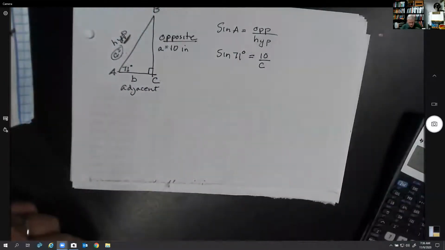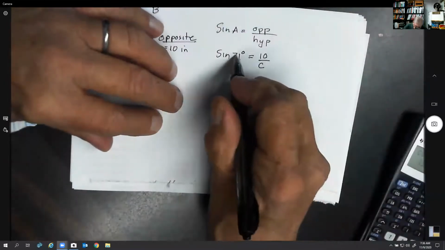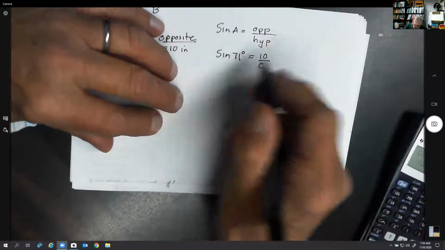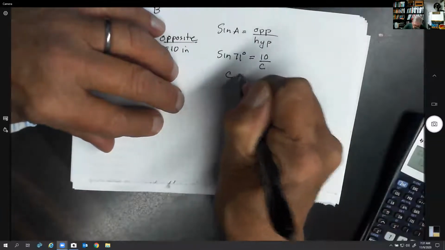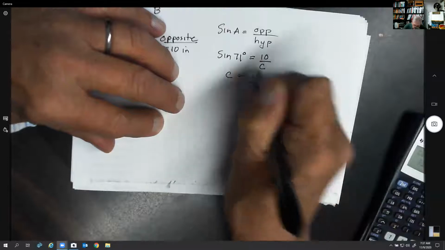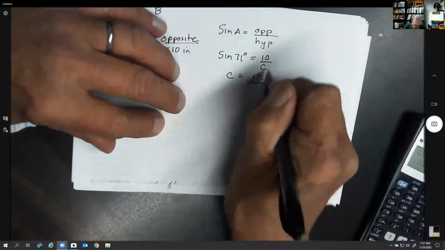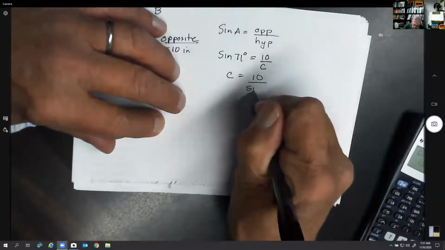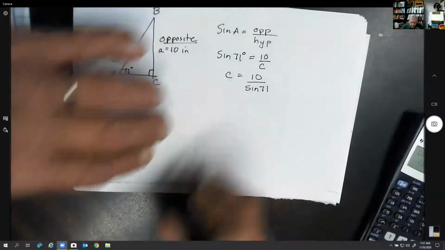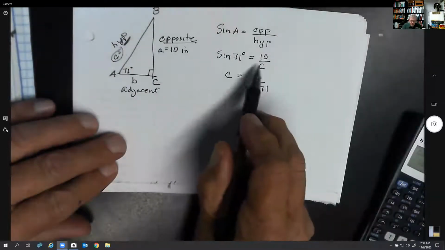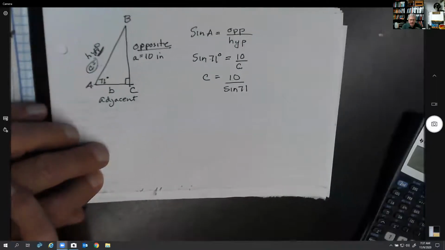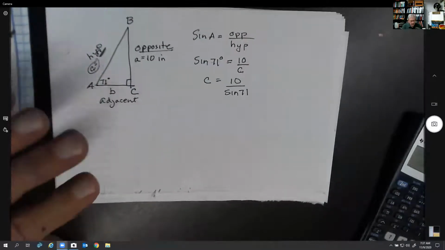So what do we do here? Well, it's very simple. We can interchange these. We can say C is equal to 10 times, if we can't multiply them, we can switch them. Sine 71. So the C comes up on top, the sine goes on the bottom. They're interchangeable. Kind of weird, huh?